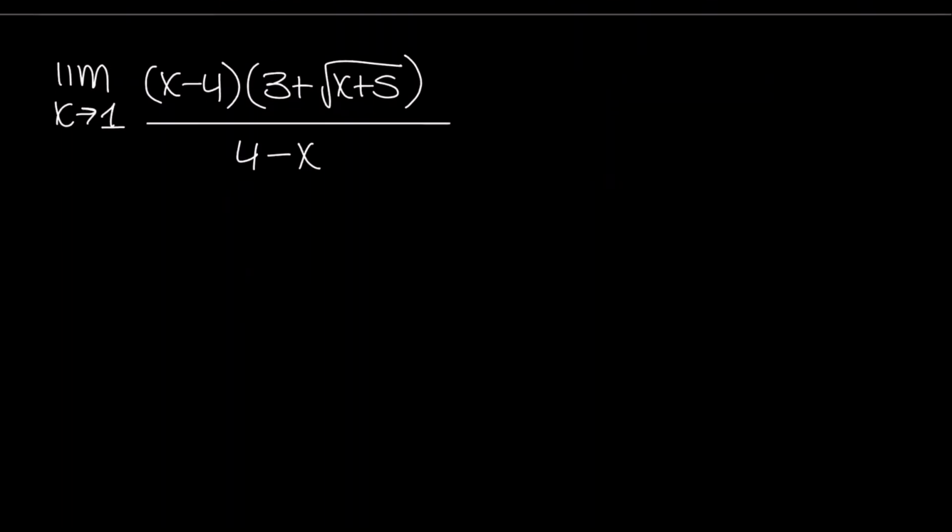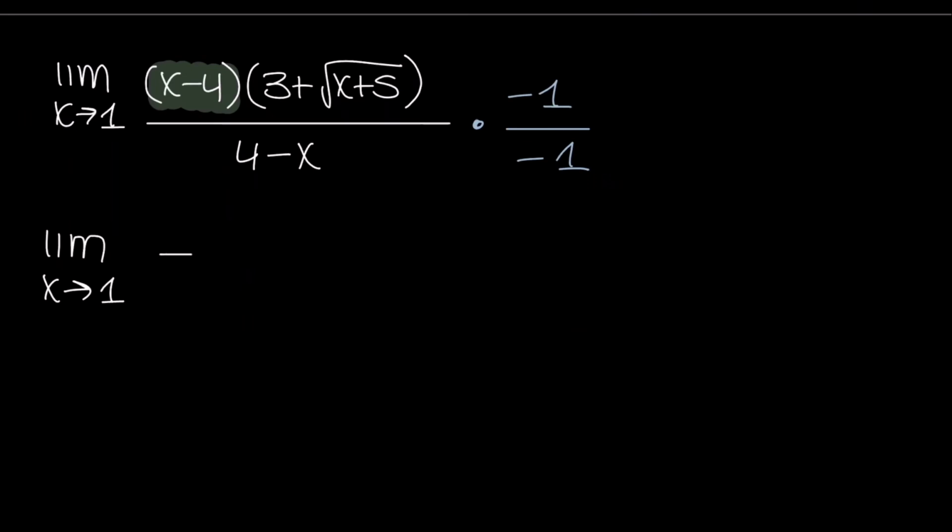So let's multiply both by -1. And here's what I'm going to do. The goal is to preserve the factor. I want to preserve this. So I'm just going to put a negative out front.